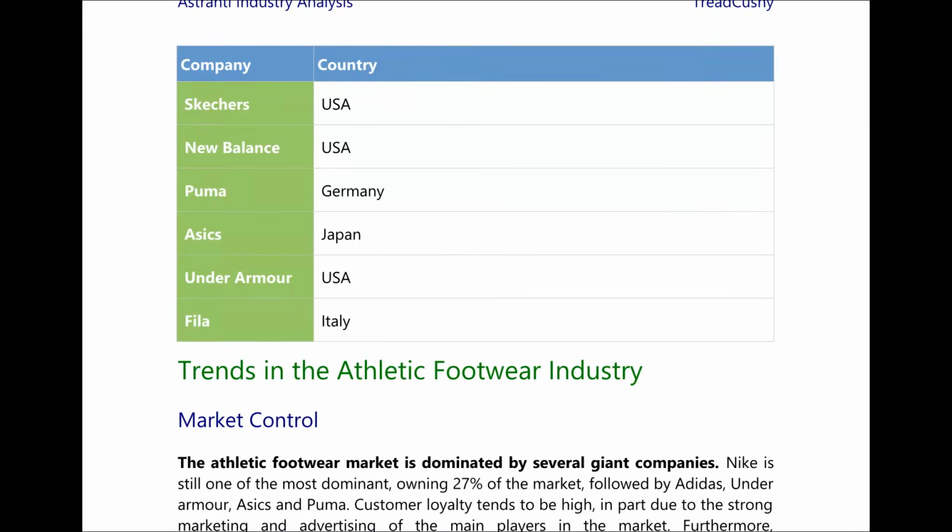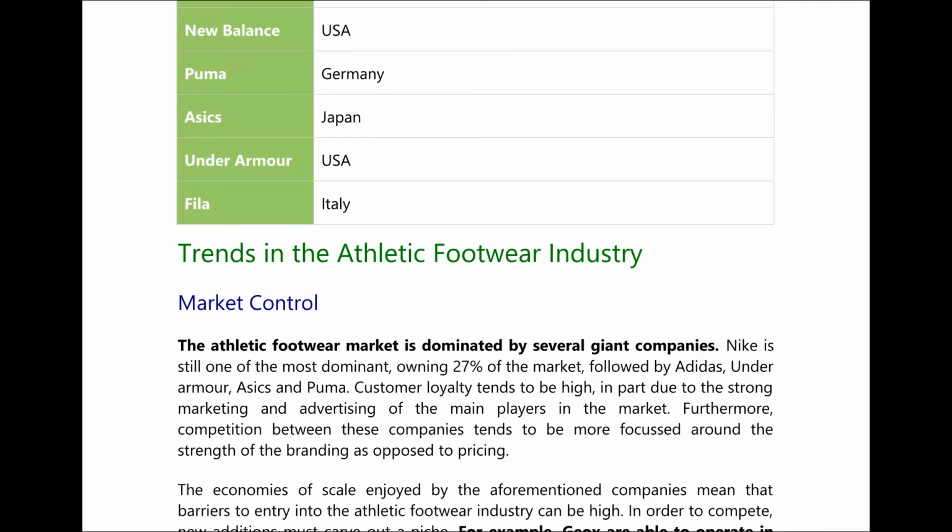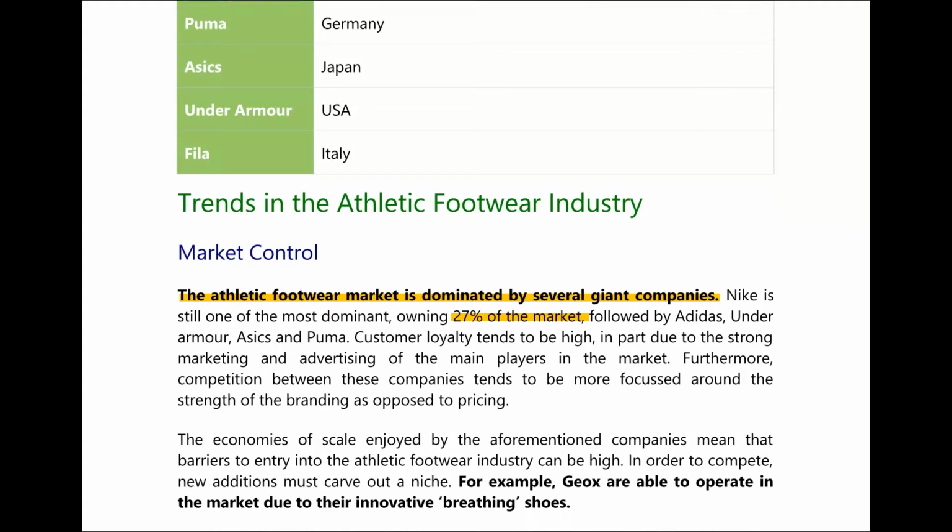Now let's take a look at some of the trends in the athletic footwear industry. As we've discussed already, the athletic footwear market is dominated by several giant companies. Nike have 27% of the market, Adidas have a slightly smaller percentage, but still fairly dominant. And then you have other large brands, Under Armour and Puma.